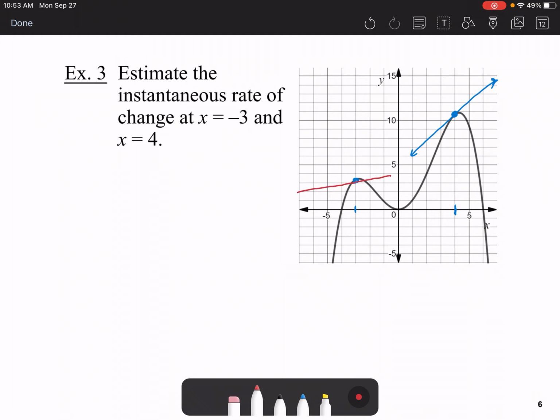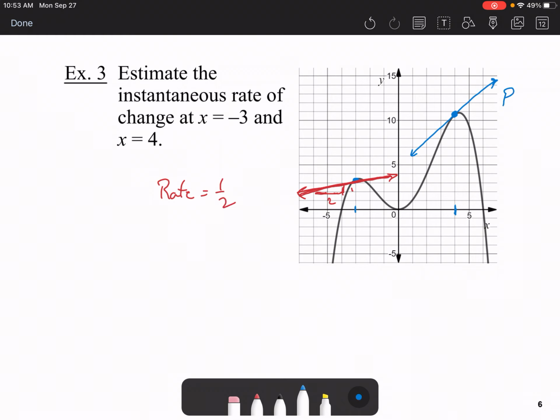A tangent line basically just touches and glances off the function. Once you have that, all you do is you measure the slope. So for this tangent line right here, looks like my slope would be 1 unit over 2. So rate is equal to 1 over 2.